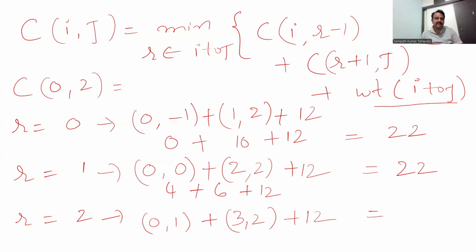The value of my 0, 1 is equal to 8, plus your 3, 2 is not going to exist, so it is going to be treated as 0, plus 12, and this is going to give you 20. So we are going to find the minimum of these three numbers. And the minimum of these three numbers is 20. And we get the 20 when the value of my R is equal to 2.